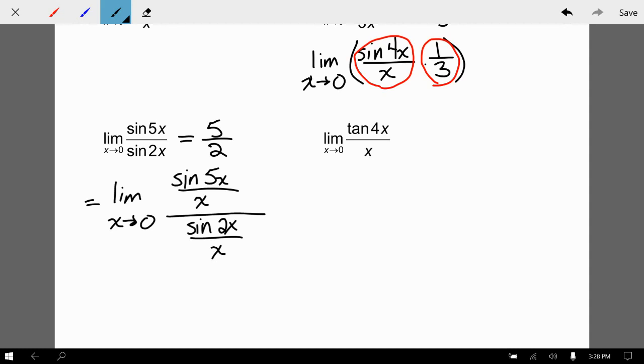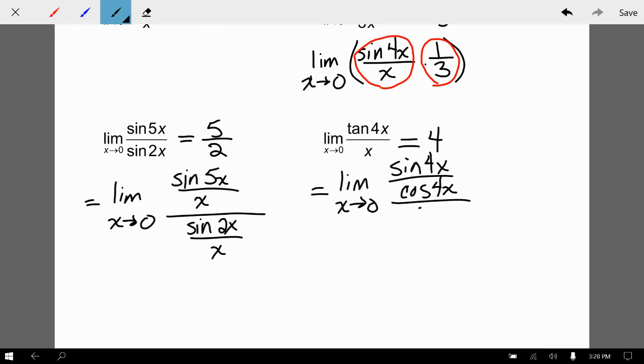And then the last one, you should have found that it was equal to 4. So again, we have to think about our algebraic manipulation here. We know how to deal with sine x over x. So I can rewrite this as sine of 4x over cosine 4x over x.